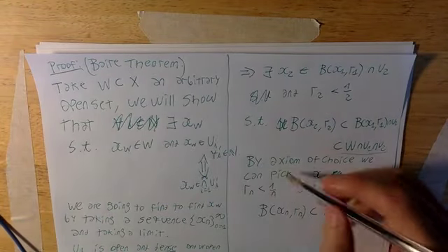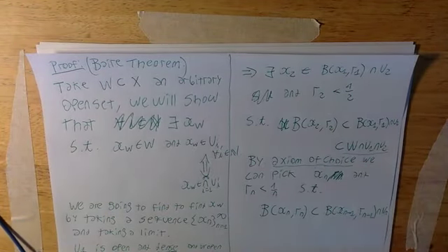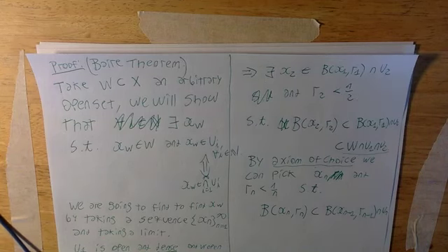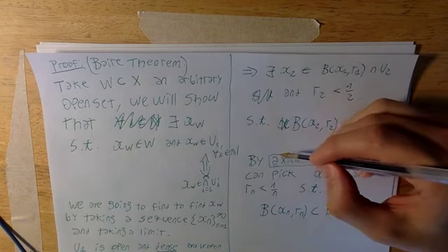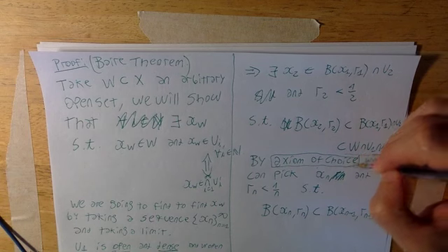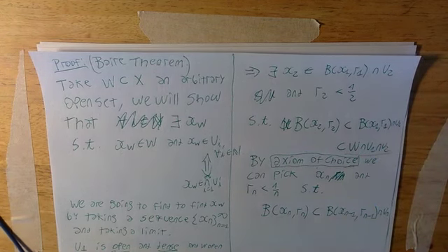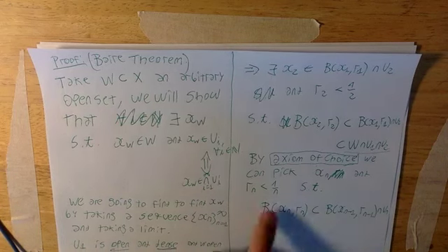Okay, so you need the axiom of choice because now you have an infinite number of balls, and you have to make sure you are able to take a point in each one of the balls. Okay, so that's why we actually need the axiom of choice. But this is not the axiom of choice for infinite things. This is just the axiom of choice for countable choices.